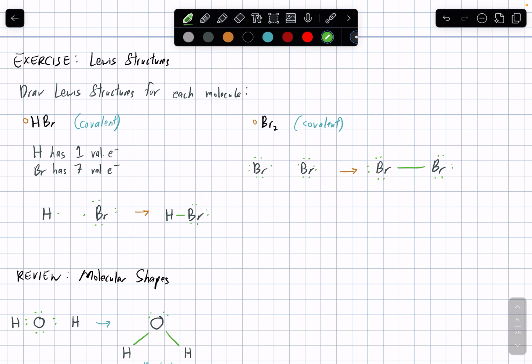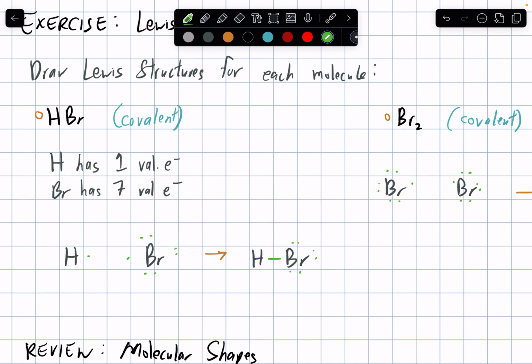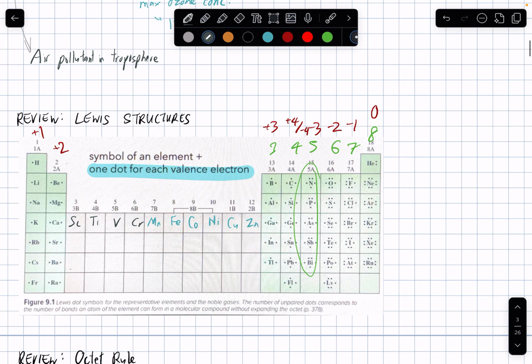Okay, so for an exercise, we want to draw hydrogen bromide. I think that's how you call it. Essentially, it's a covalent bond. Again, hydrogen has 1 valence electron only. Bromine, where do we find bromine in the periodic table?